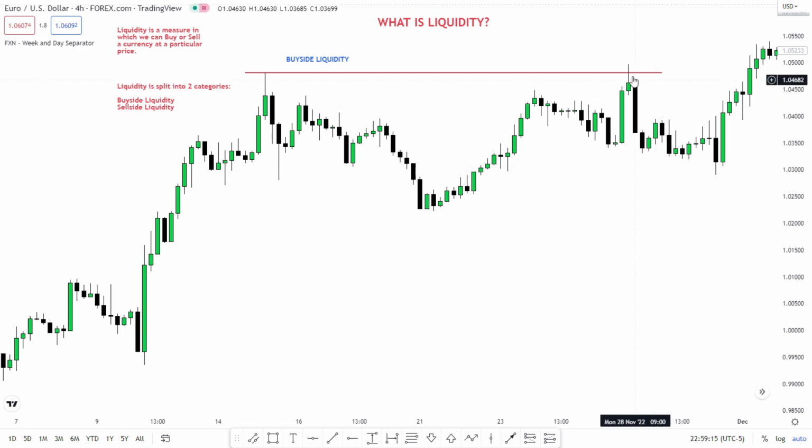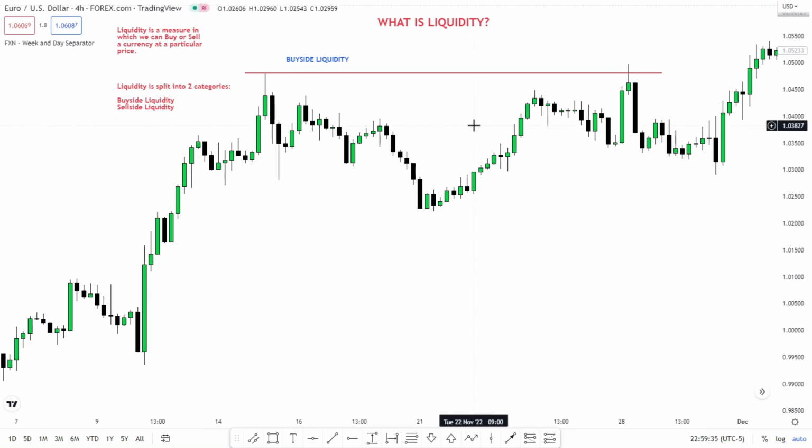If this market wants to sell from here, it first has to come back up, take out these old highs, which will have stops right here, and then it will sell to seek discount prices. That's essentially what buy side liquidity is all about.